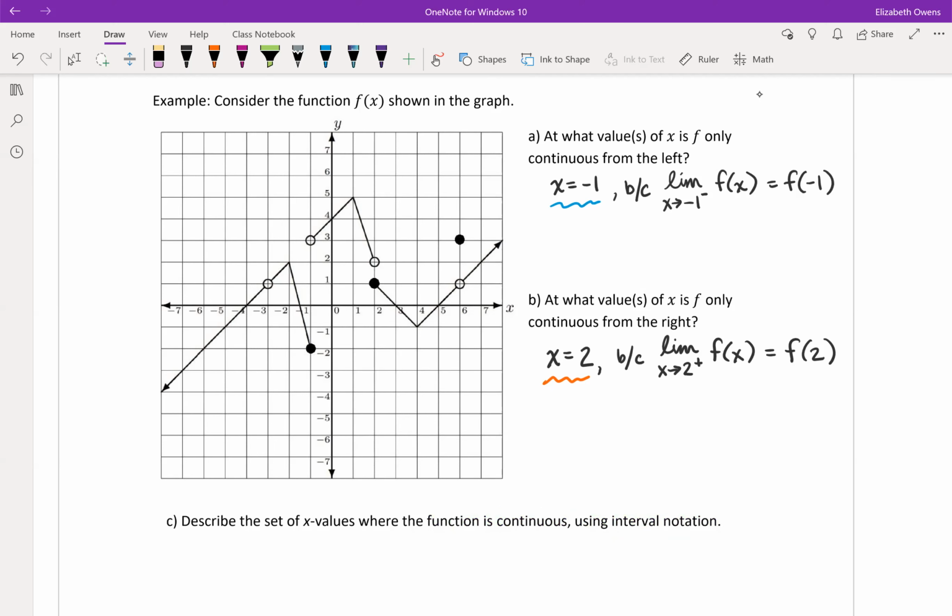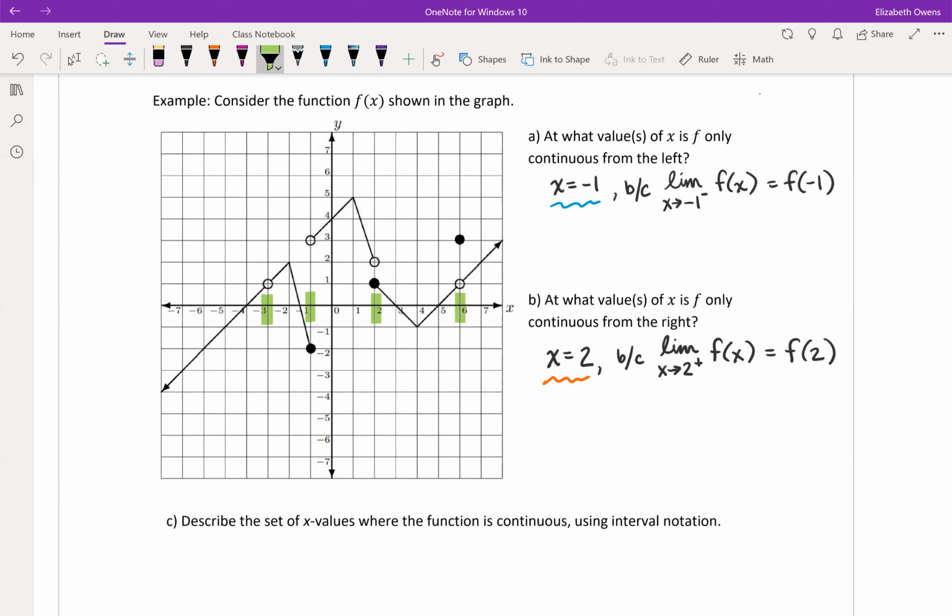So notice that we have those 4 places where the function is discontinuous: -3, -1, 2, and 6. Everything else in between those values is continuous.